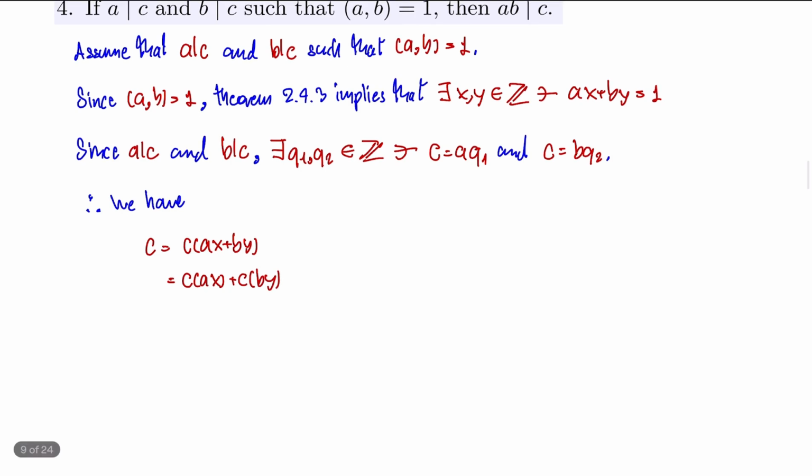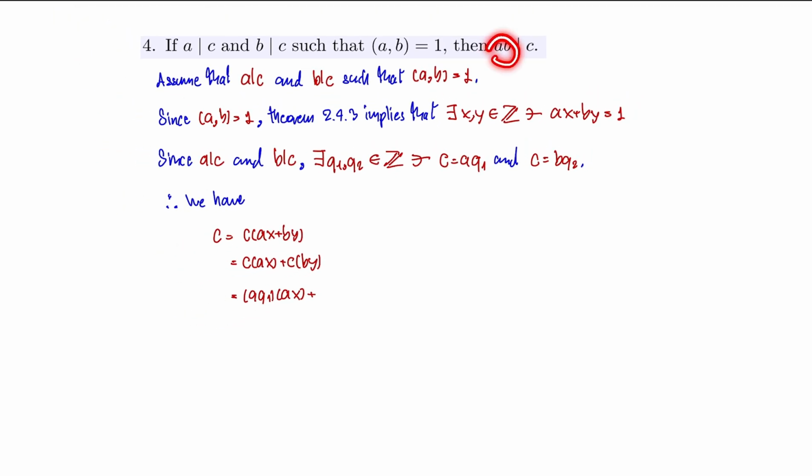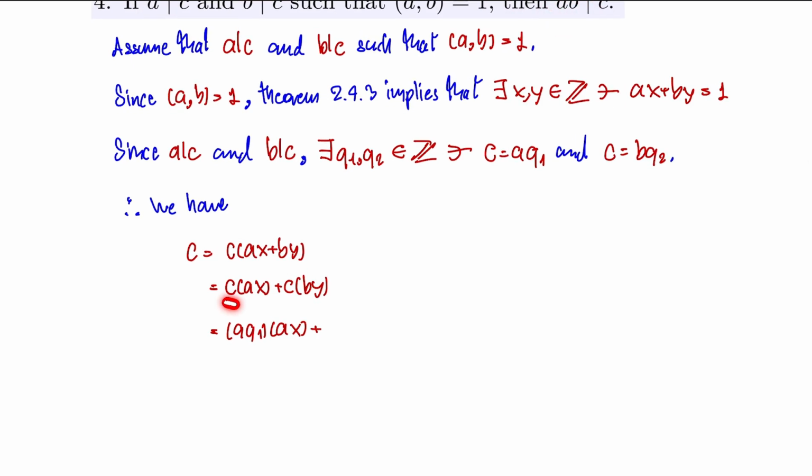And then we plug in. I think we need to have ab. So for the first c, we plug in bq2, giving bq2 ax.